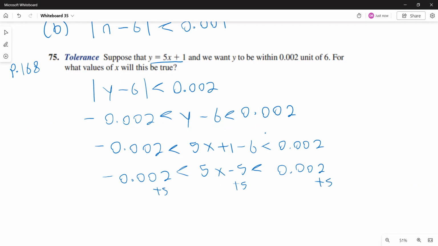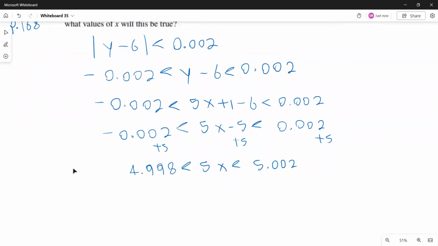This is 4.998 less than 5x less than 5.002. And finally, divide by 5. 5 is positive, so the inequality symbol doesn't change. And that is going to be for x between 0.9996 less than x less than 1.0004.